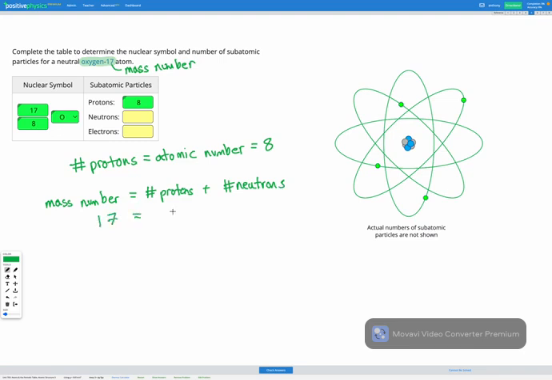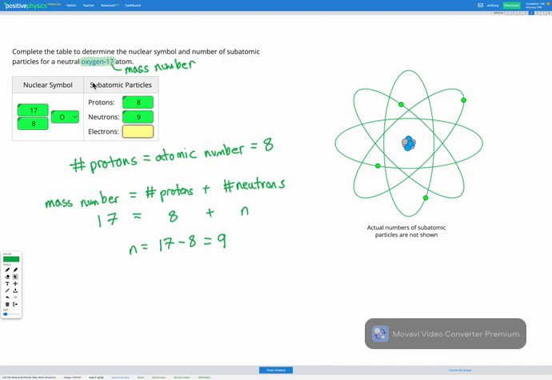And the number of protons is 8. So to get our neutrons, we can do 17 minus 8. And that will get us 9 as our number of protons. So we can enter that. Oh, sorry, I meant to say number of neutrons then. 9 is our number of neutrons. Okay, great. So we've got 8 protons, 9 neutrons.